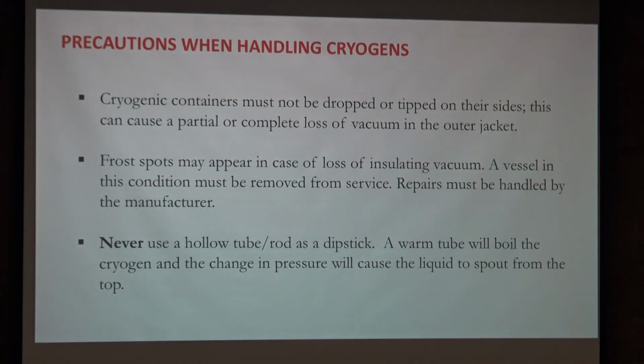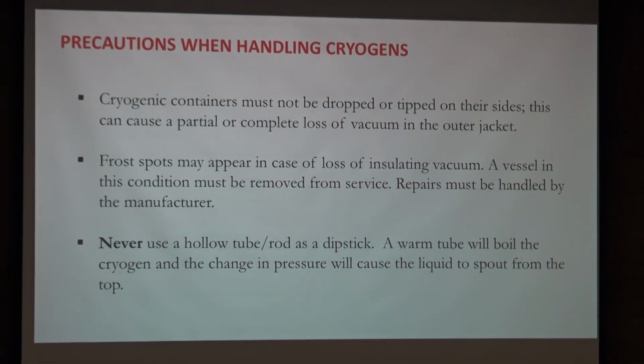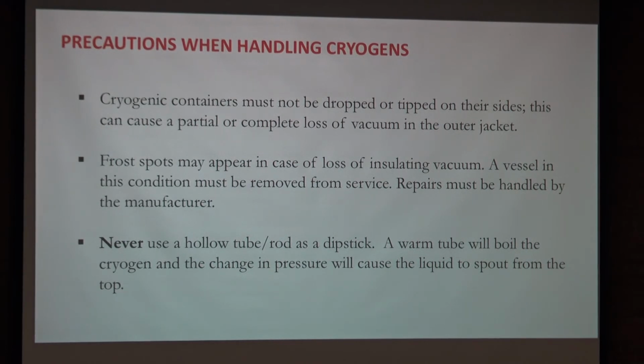When handling these transfer dewars, there are a couple of things to keep in mind. If they fall over, for example if you drop them or tip them on their sides, this can create breakage on the inside where the vacuum shield is located, especially when they are fixed up on their neck and the rest of it is essentially free hanging.